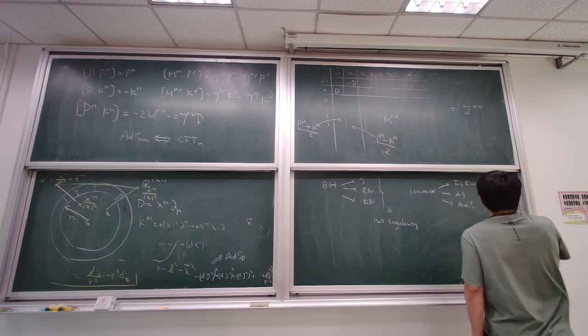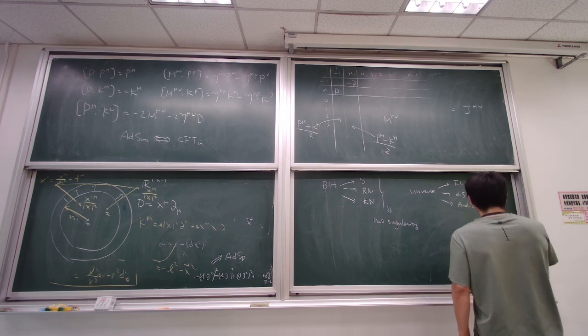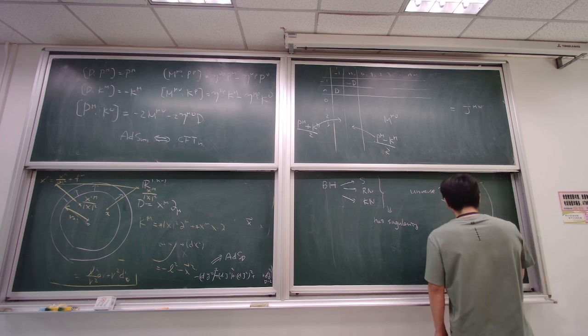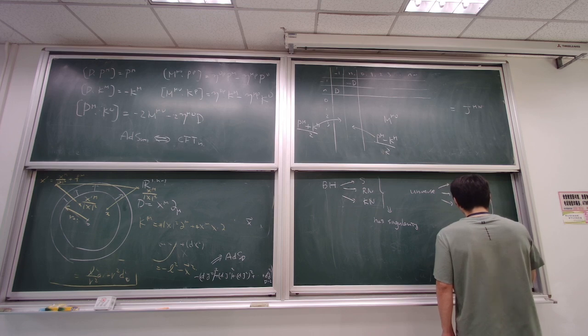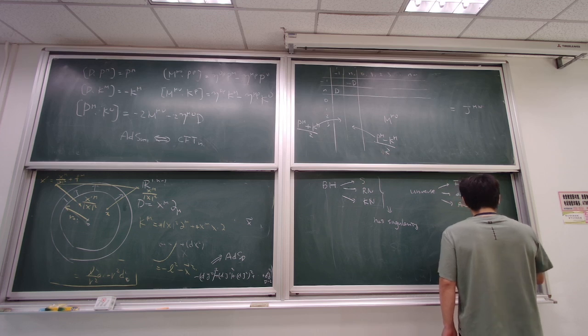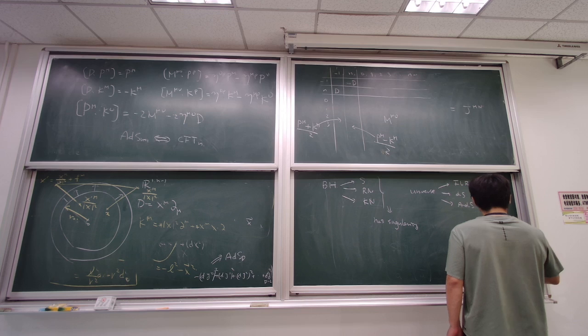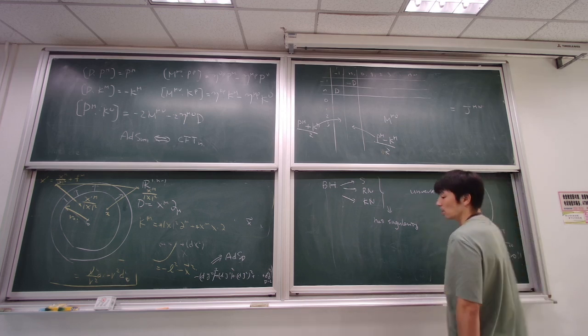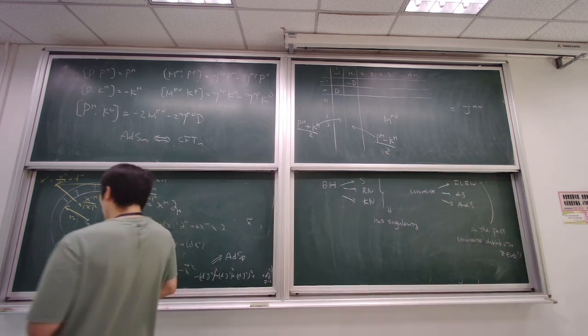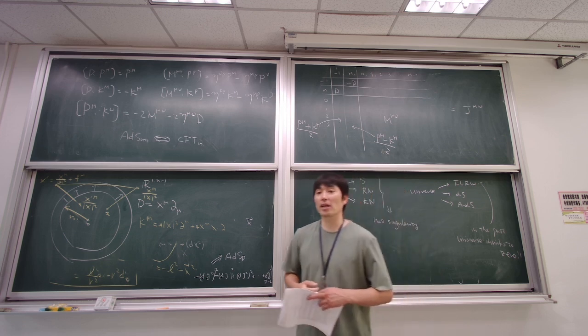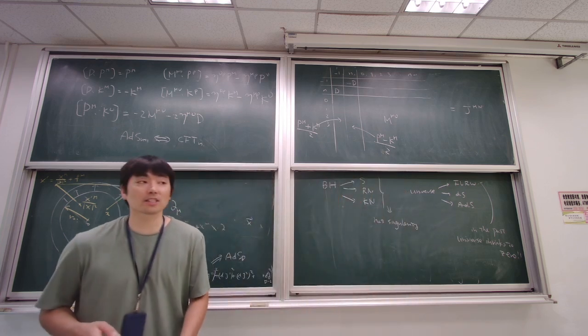It predicts that in the past the universe shrinks to zero. So if you solve the Einstein equation, you inevitably encounter this singularity.